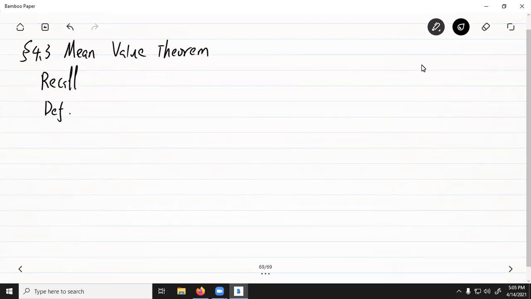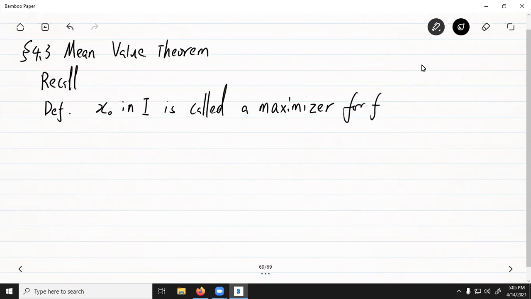We say x0 in the domain I is called a maximizer for f if f of x0 is greater than or equal to f of x for all x in I. So this is called a maximizer.